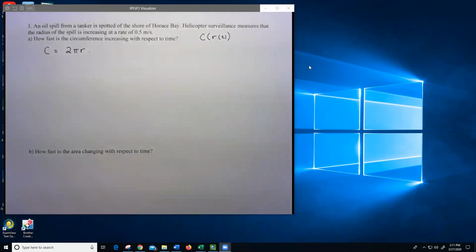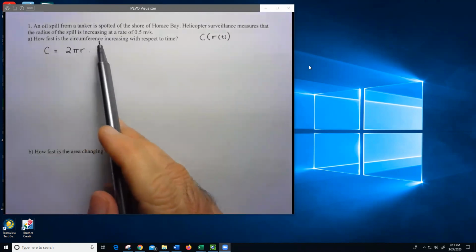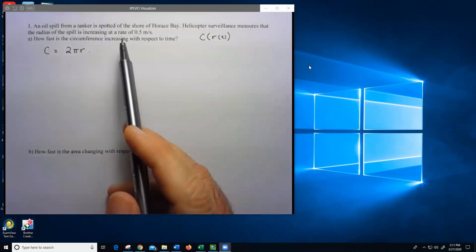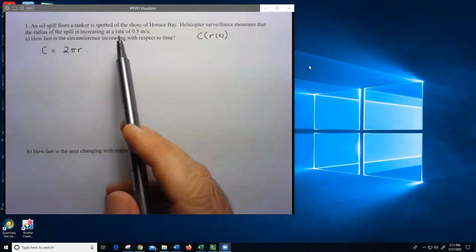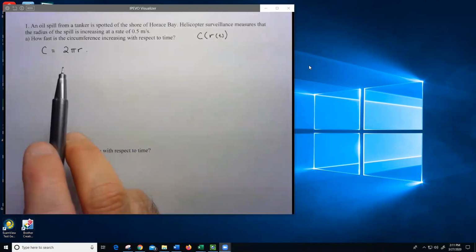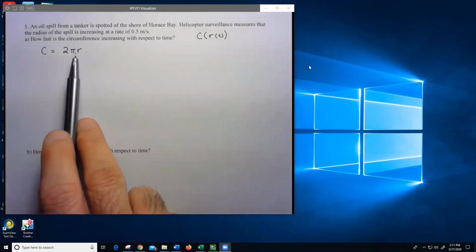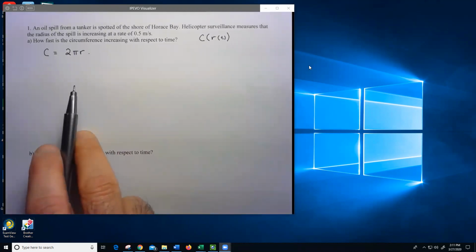So there you go. What we're looking for is the rate of change of circumference with respect to time. And of course, we know that in this course, when we talk about rate of change, we're talking about the derivative, okay? So first things first, we're looking for the rate of change of circumference with respect to time, not with respect to radius, okay?